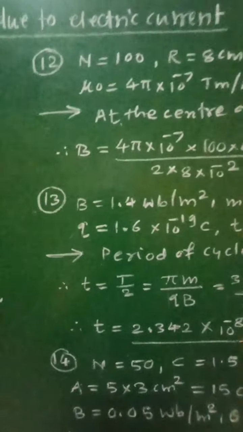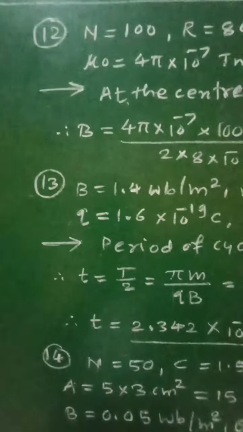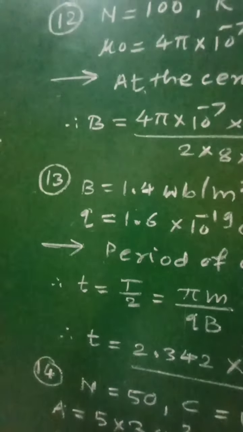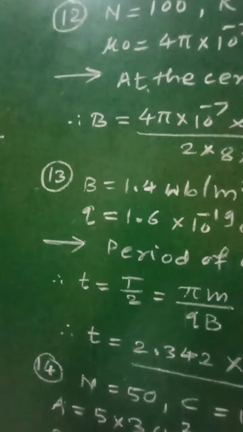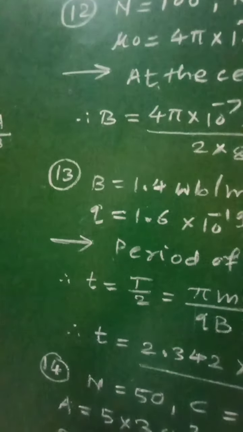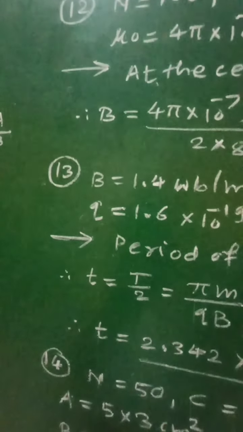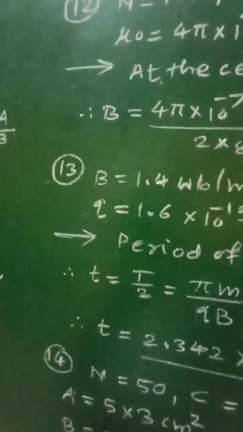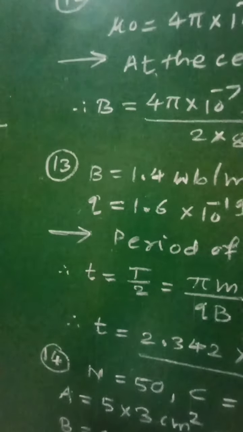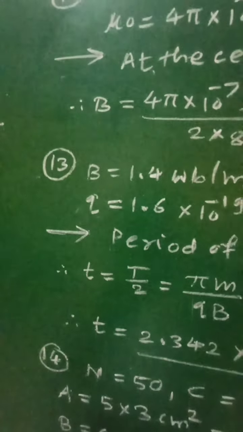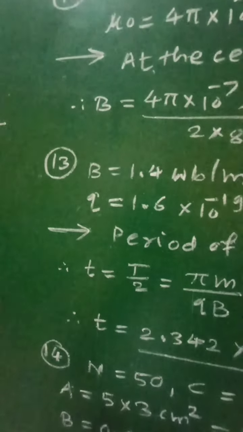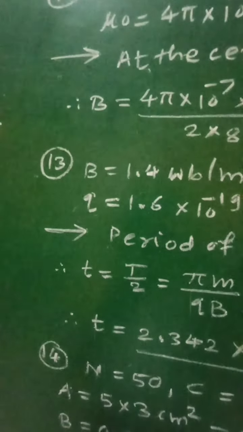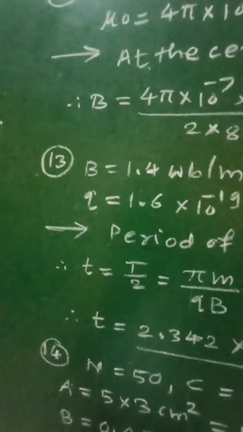Then let us see numerical number 13, which is given as: for proton acceleration, a cyclotron is used in which a magnetic field of 1.4 Weber per meter square is applied. Find the time period for reversing the electric field between the two Ds.